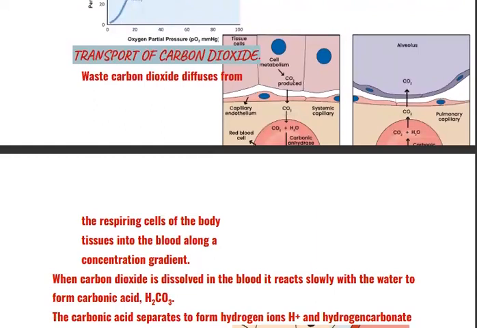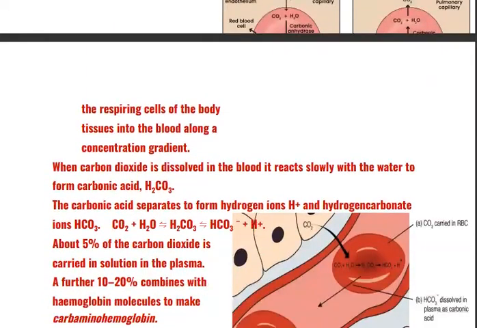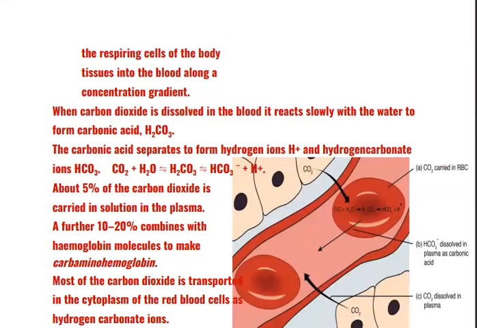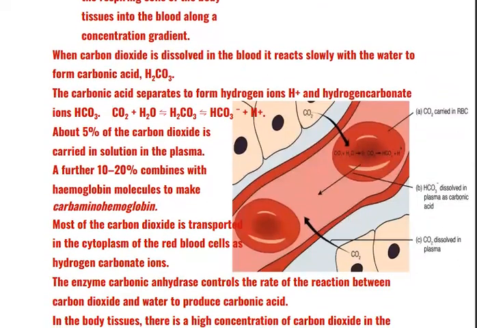Transport of carbon dioxide. Waste carbon dioxide diffuses from the respiring cells of the body tissues into the blood along a concentration gradient. When carbon dioxide is dissolved in the blood, it reacts slowly with the water to form carbonic acid, H2CO3.